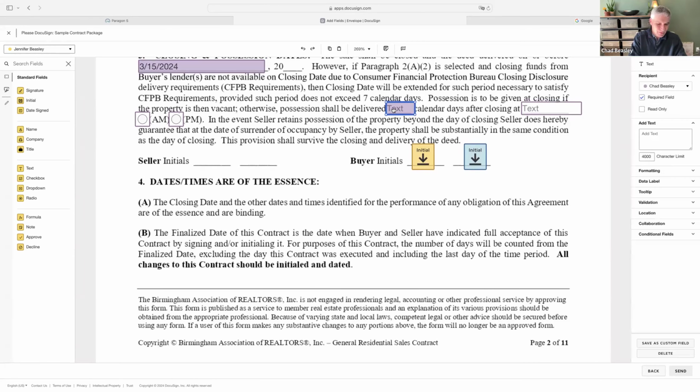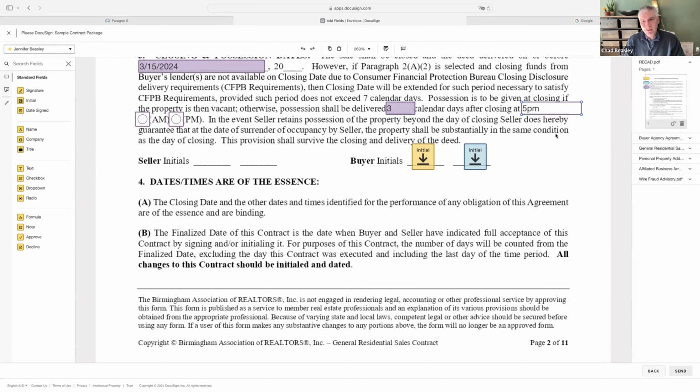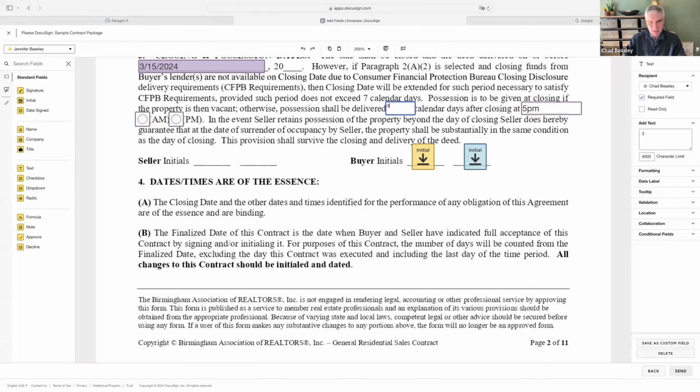Let's say we've decided we're going to give the seller 3 days after closing to get out, and we want them out by 5 p.m. on that third day. And that's how we would do that. If it was going to be possession at closing, you just put 0 there, and you can either leave that blank, or a lot of times I'll just put at closing here.